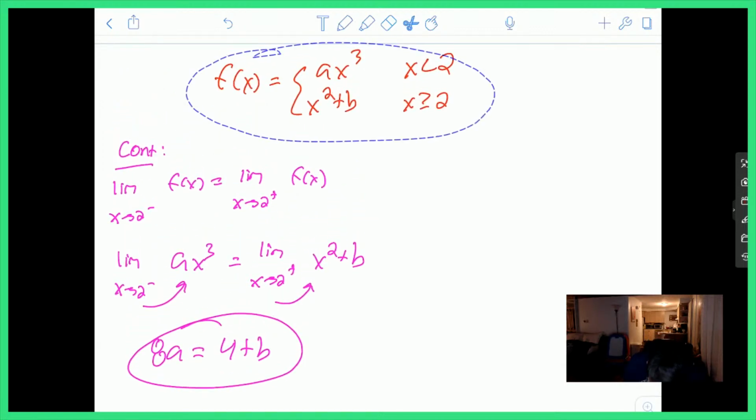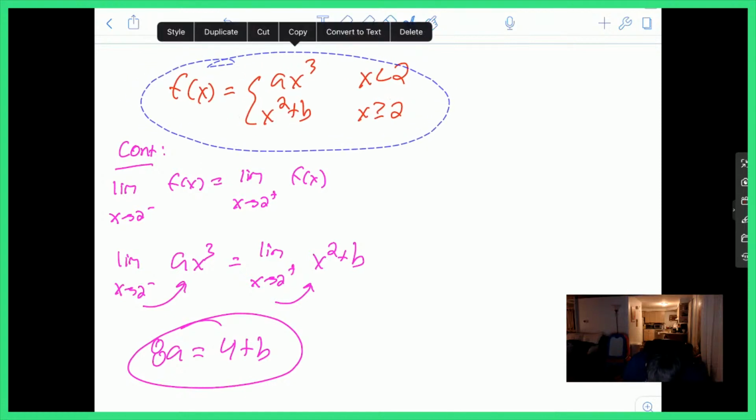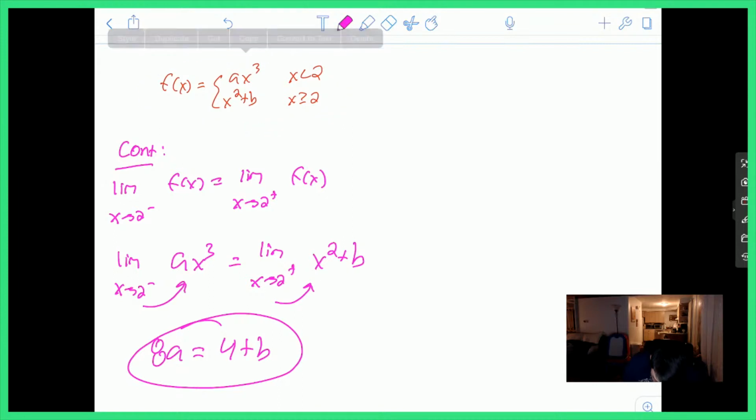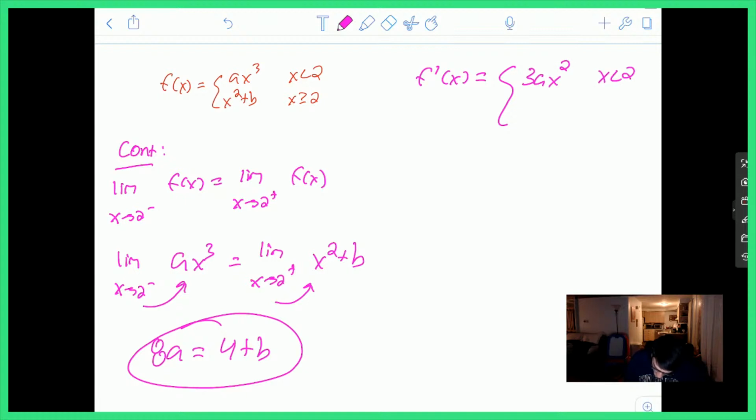Like I mentioned, I'm going to just cheat and not use the definition real quick. And the derivative f prime of x will equal, with respect to x, the derivative of ax cubed is 3ax squared, and 2x, and then plus b, the derivative just goes away, and that's it.